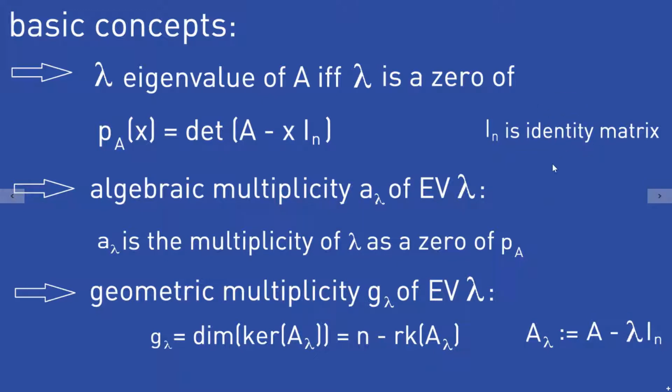Or in other words, the geometric multiplicity g_lambda of an eigenvalue lambda is the maximum number of linearly independent eigenvectors there are for the eigenvalue lambda.